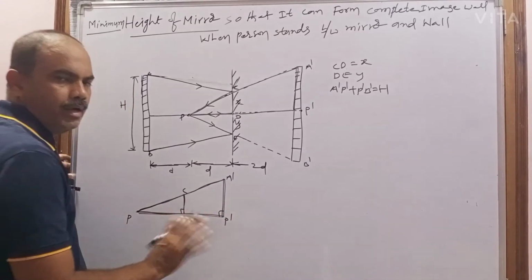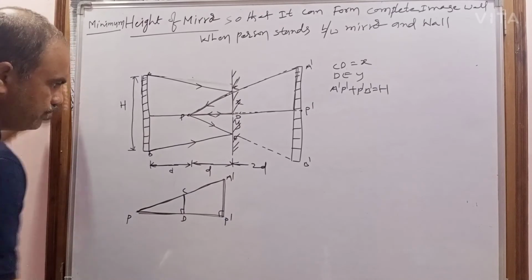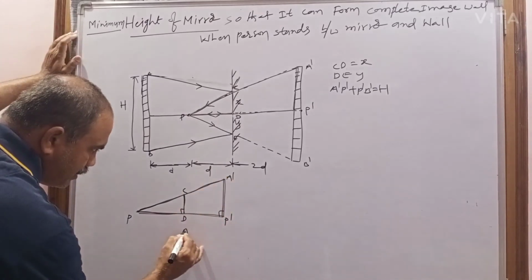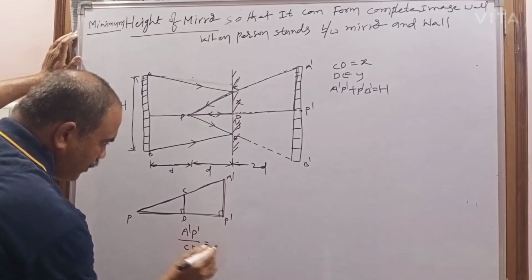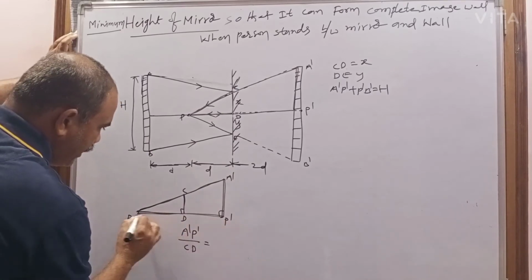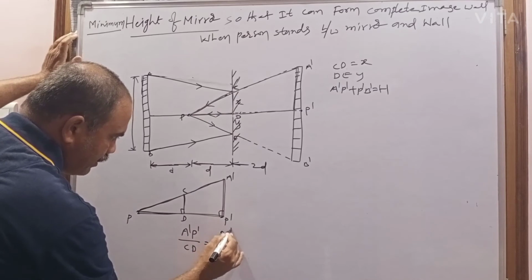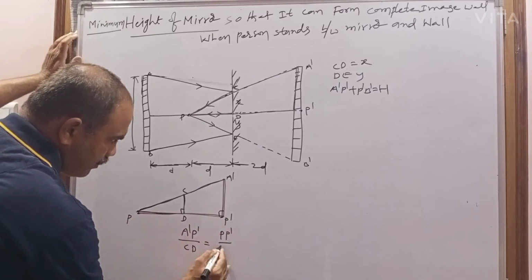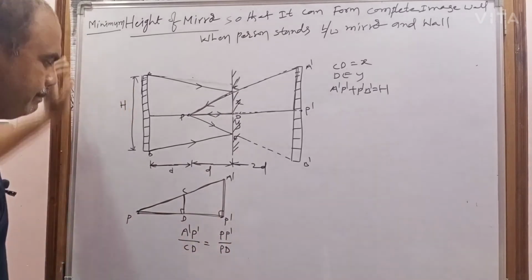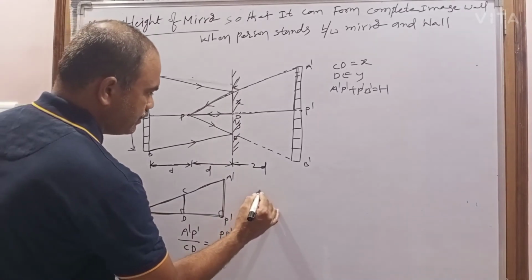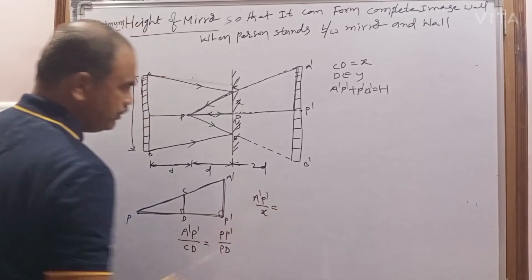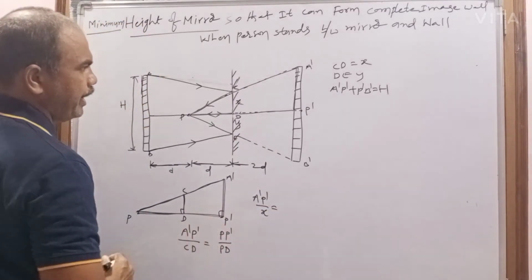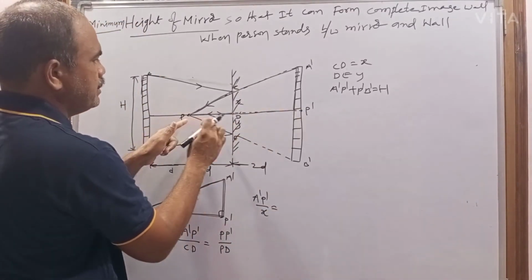Now I am taking the ratio of sides. A dash P dash by CD equals the other side P dash by PD. CD means X. What is the distance P to D?